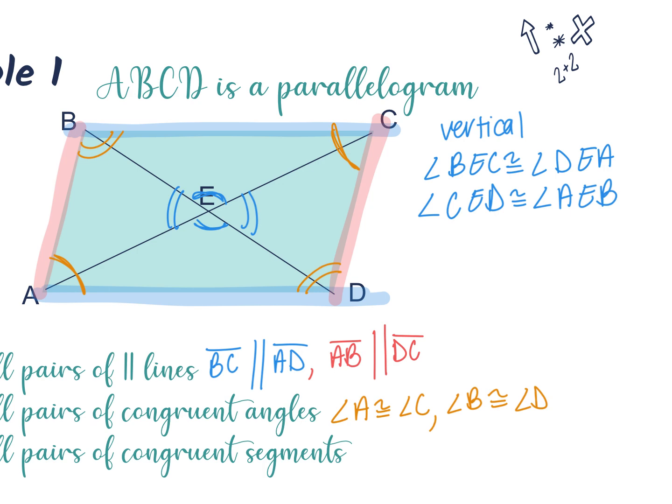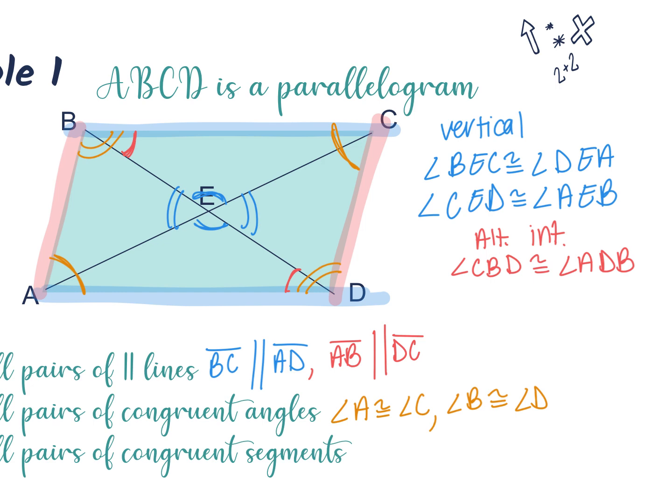Okay, I still have 4 more. Now I'm moving into my alternate interior angles. So it's going to be a lot of coloring, a lot of drawing. This angle right here, I'm going to call it angle CBD, is congruent to angle ADB.